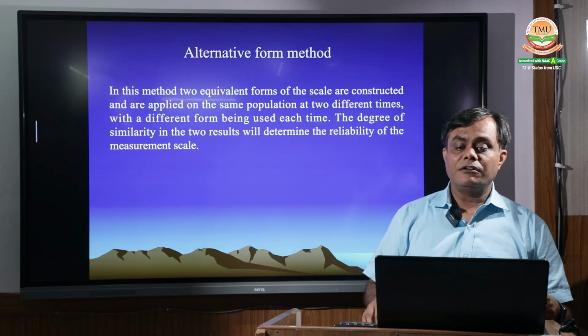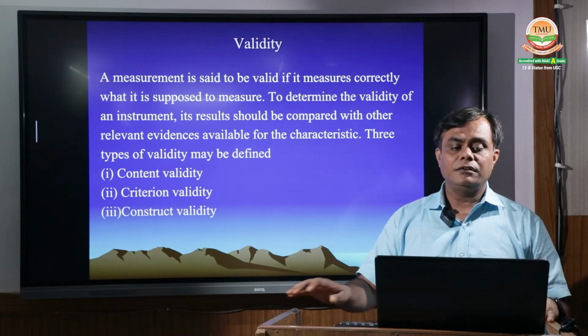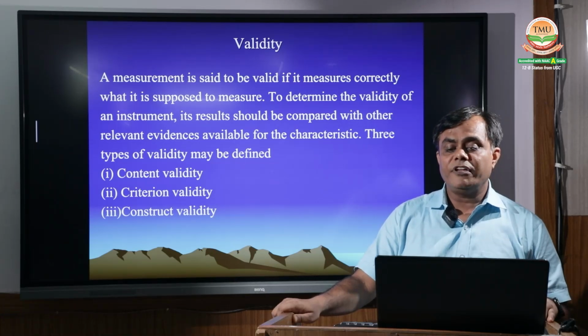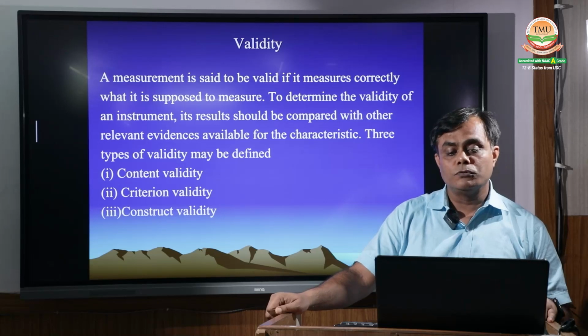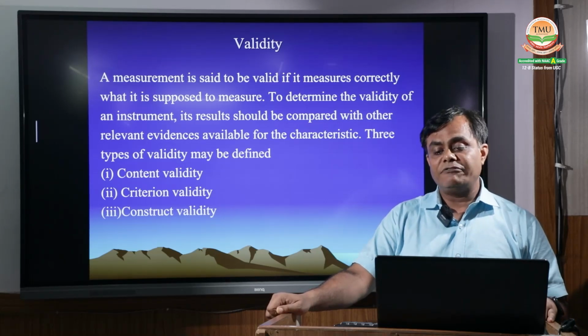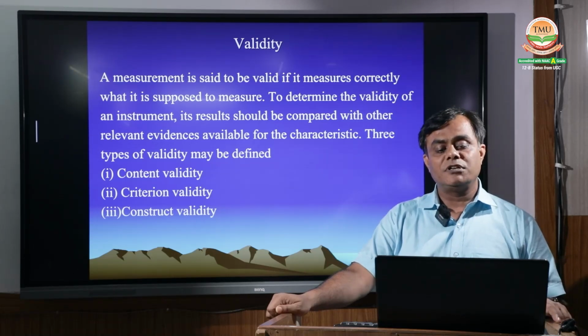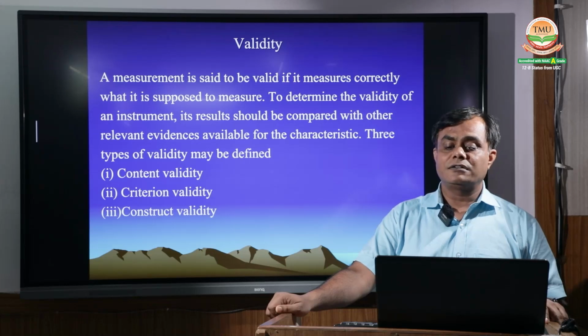Next is validity. A measurement is said to be valid if it measures correctly what it is supposed to measure. To determine the validity of an instrument, its results should be compared with other relevant evidence available for the characteristic.